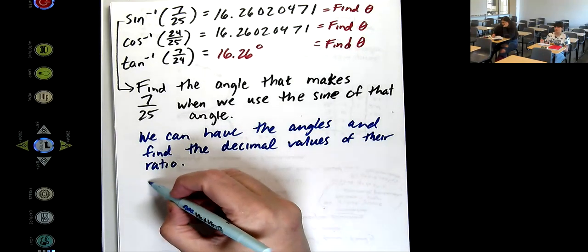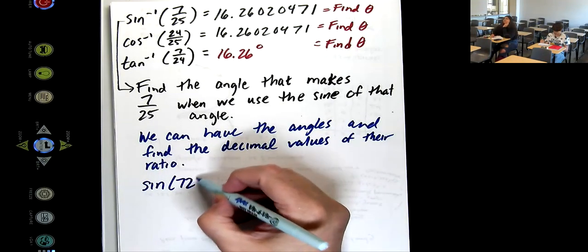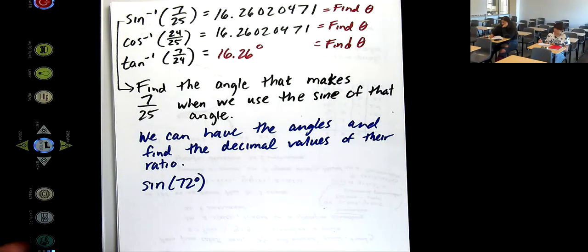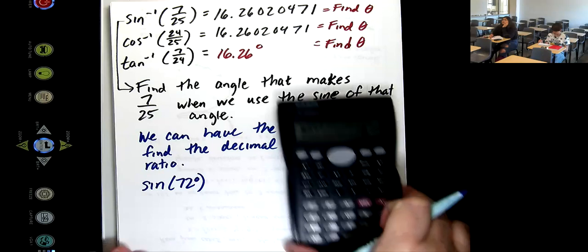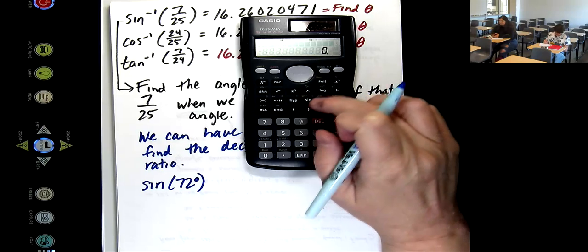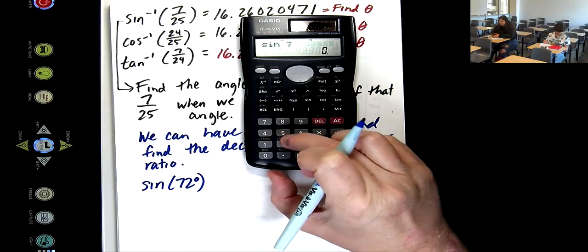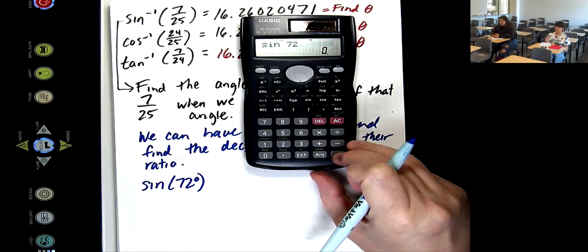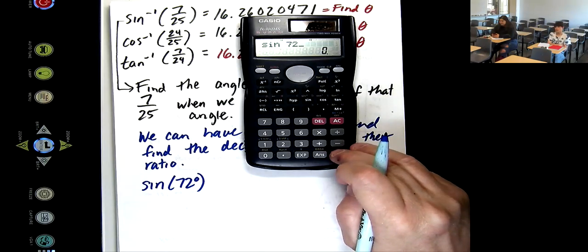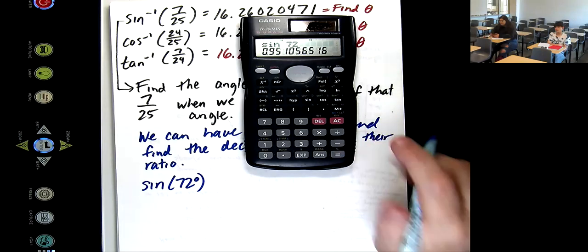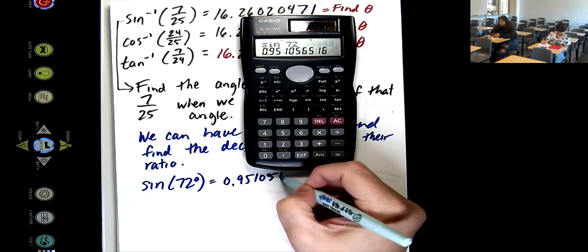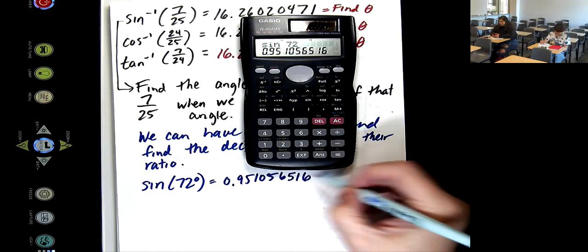So if we do sine of 72 degrees, sine 72. I never switched to radian mode, oh no, it's over. And I get 0.951056516.